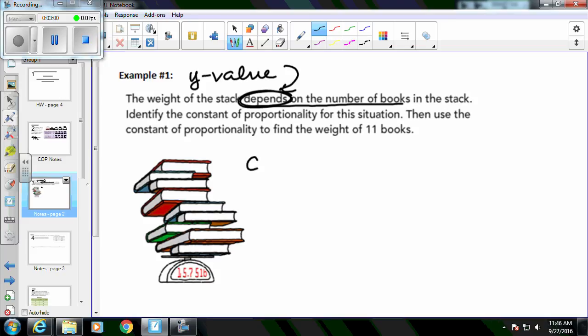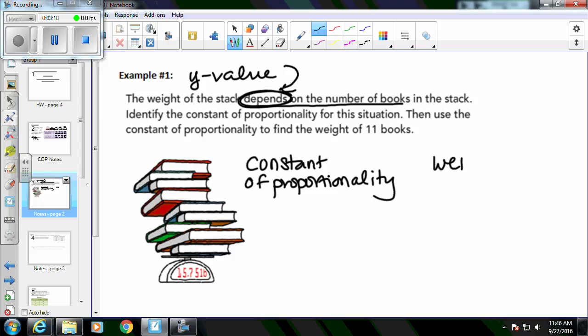So our constant of proportionality is going to be the weight of the stack divided by the number of books. In this case, the weight of the stack is 15.75 pounds.